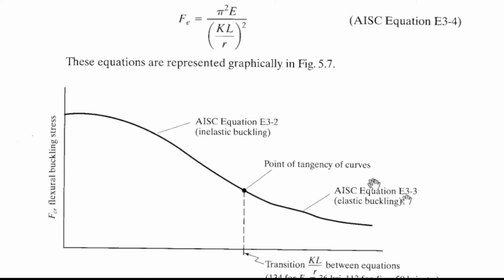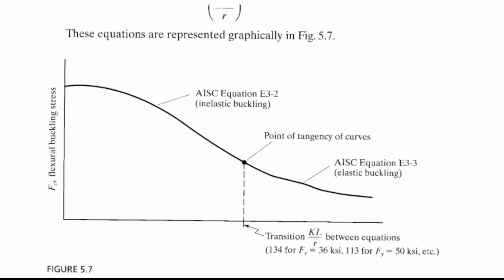So the graph again, we already know about this graph from last meeting. We have 134 for Fy equal to 36, 113 for Fy 50, and so on. It depends on what type of steel you are using.